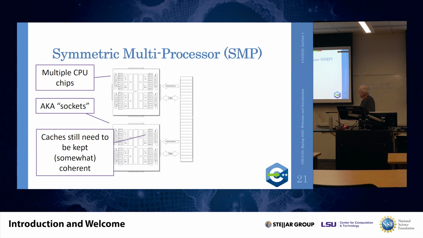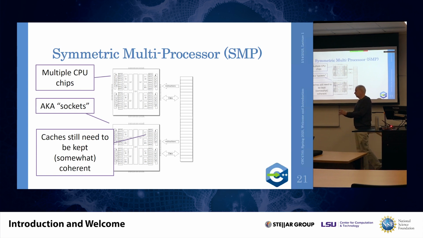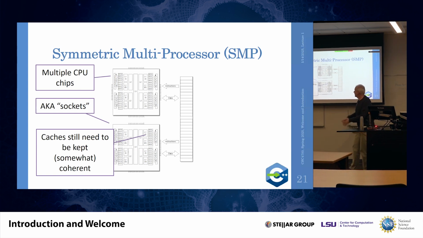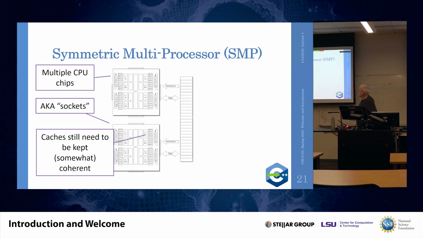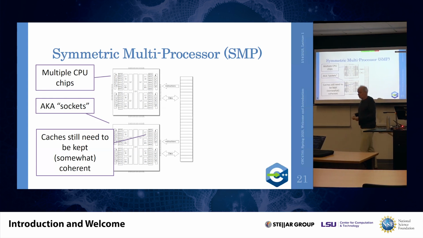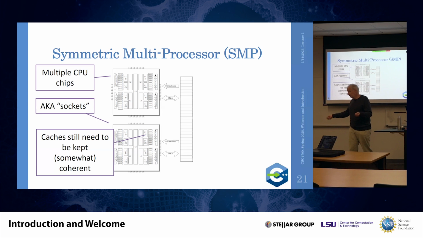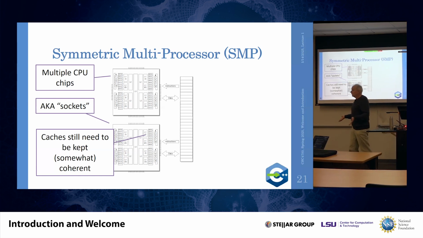These things are called sockets because they are put on the same receptacle on the motherboards. But we still somehow have to keep the caches coherent, even across the chips. And the farther away we get, or the longer the wire between 2 ends is, the longer it takes, right? Speed of light is still a limiting factor.